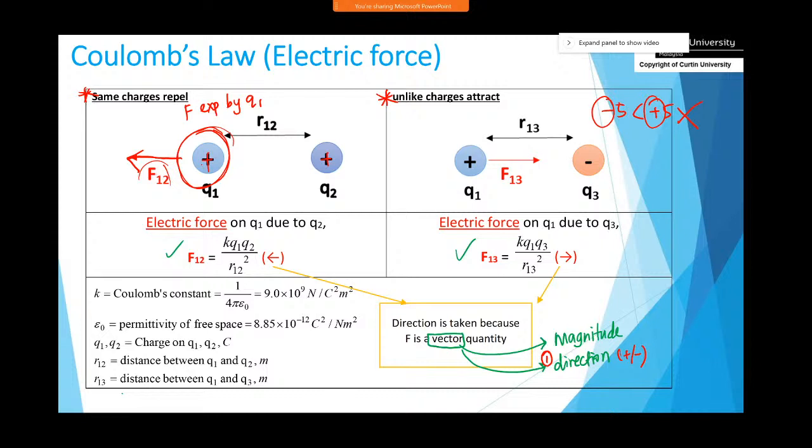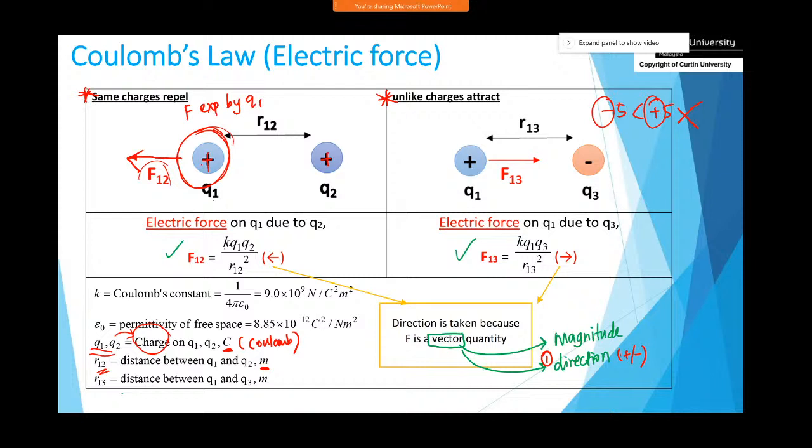So this electric force will be calculated by k Q1 Q2 over R squared. Q is always the symbol for charge, in the unit of coulombs, short form C. R is the distance between Q1 and Q2, in the unit of meter, SI unit.